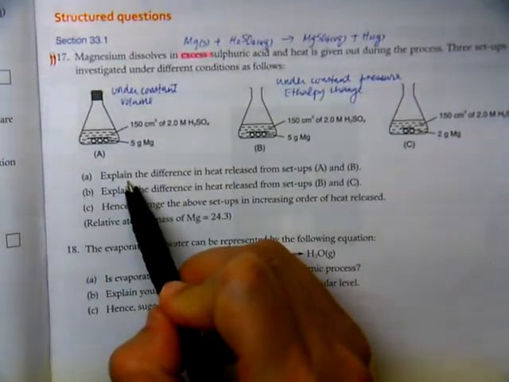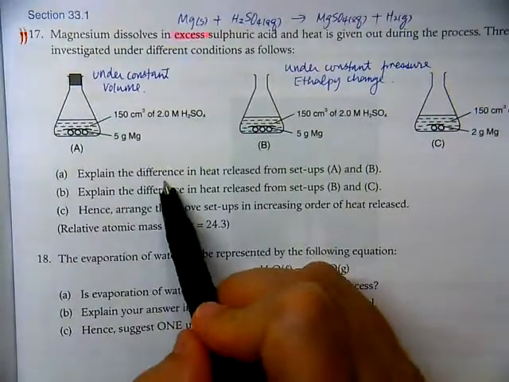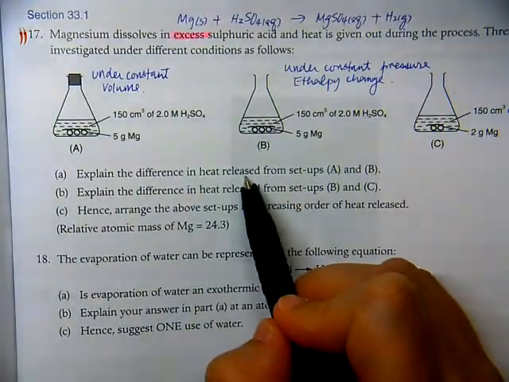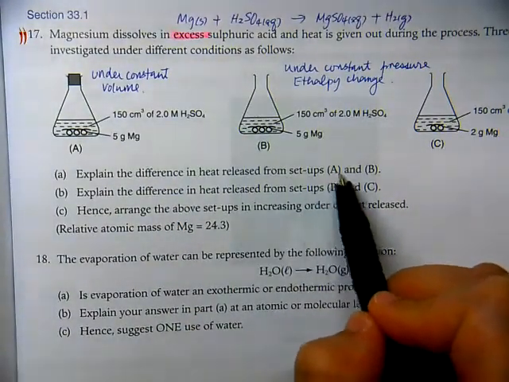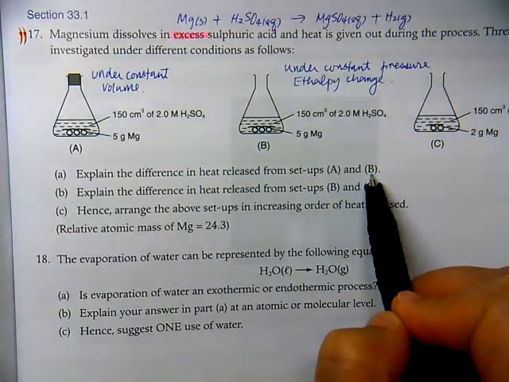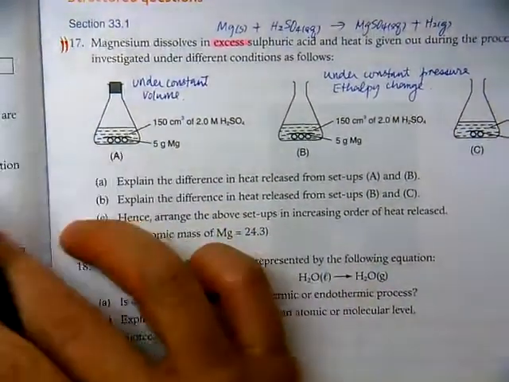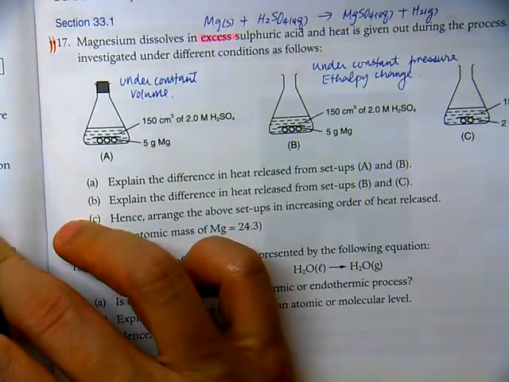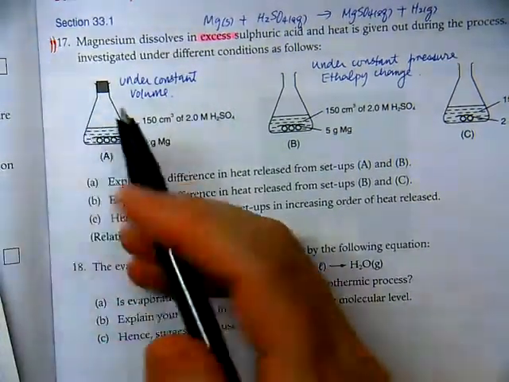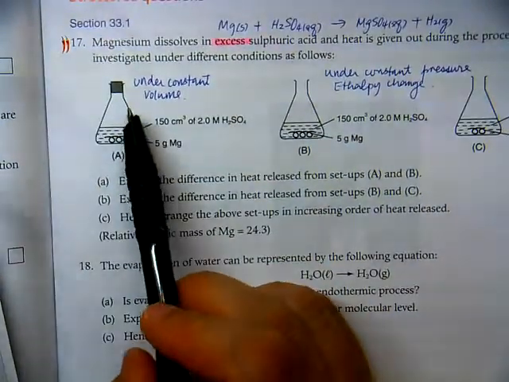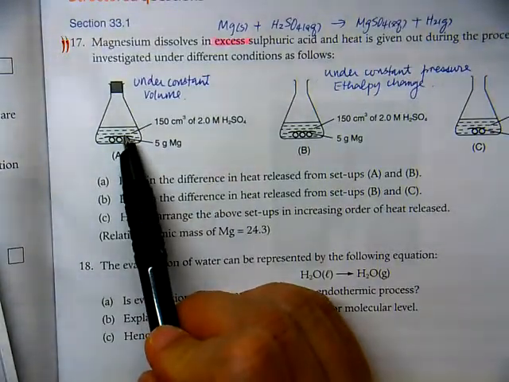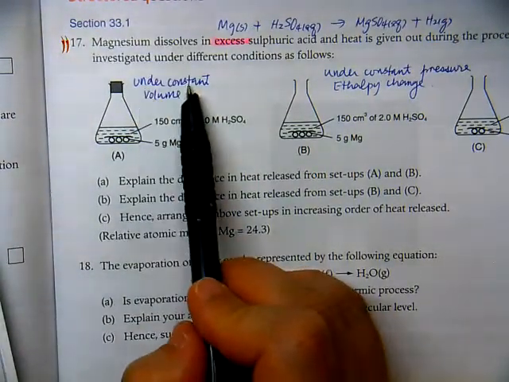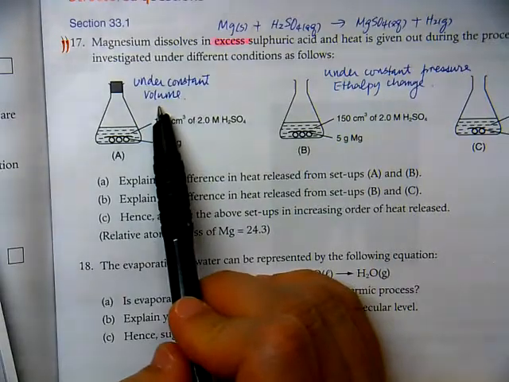Explain the difference in heat released from setups A and B. First of all, let's look at setup A. For setup A, the reaction occurs under constant volume.